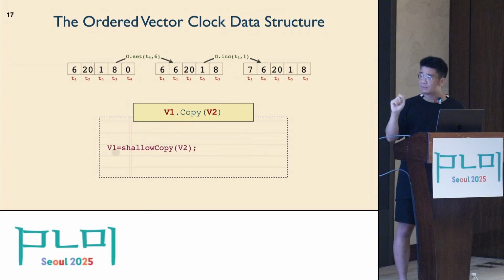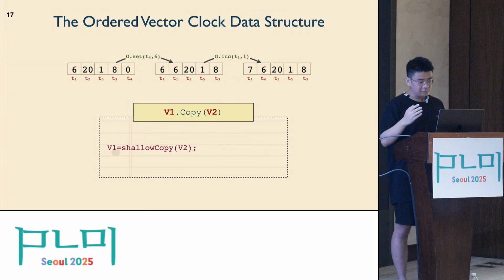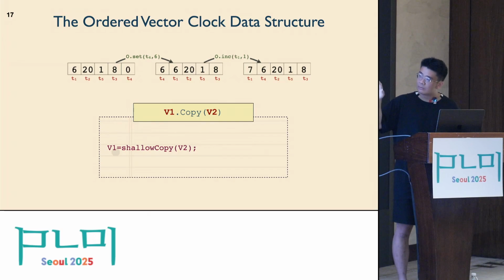Because when you have to update your local information and the information is shared among different threads, you have to create a new deep copy. But because we showed that this update can only happen S times, it also naturally bounds the number of deep copies we have to create, because we're using this shallow copy idea.